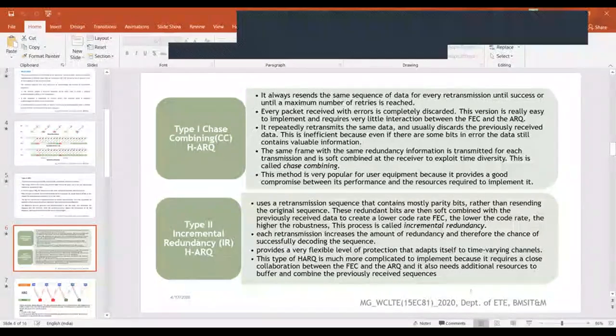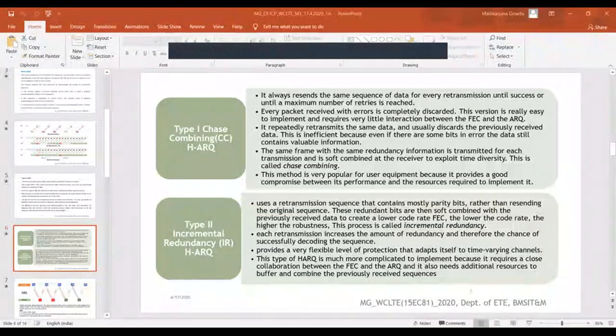Every packet received with errors will be completely discarded. This type of implementation requires less complexity, and it also requires less interaction between FEC and ARQ.